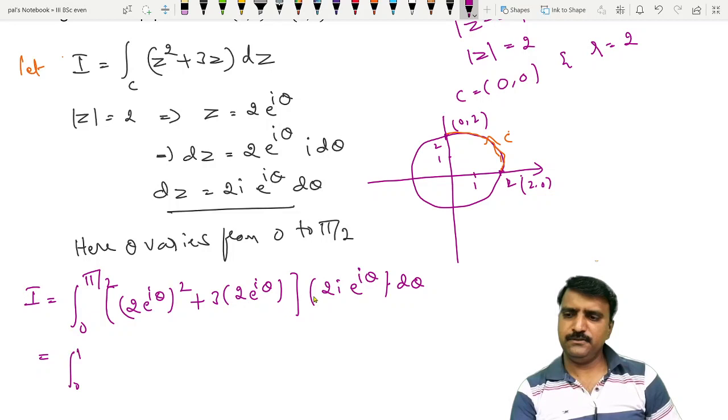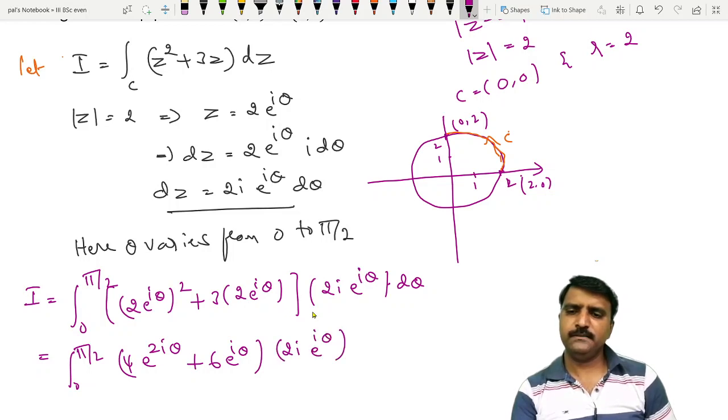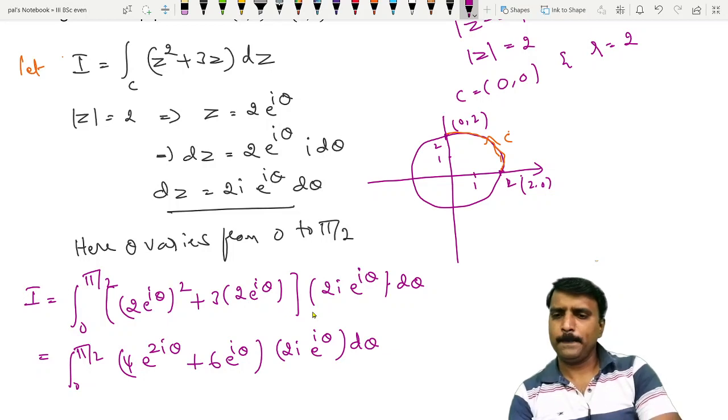This is equal to the integration from 0 to pi by 2 of 4 e power 2i theta plus 6 e power i theta, into 2i e power i theta d theta.